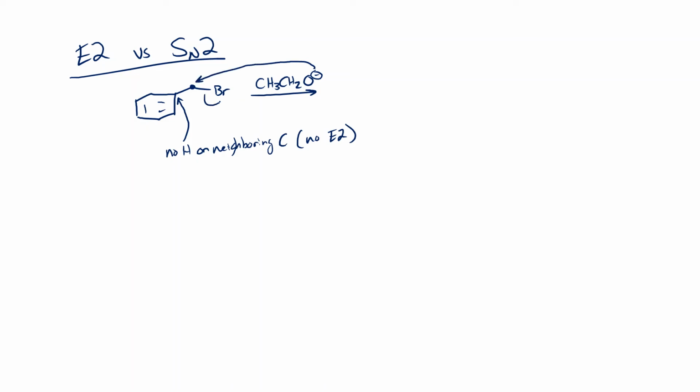That comes in, reacts with that carbon, the bromine leaves, and you get your substitution reaction. So in this case, you get an SN2 reaction. Sometimes you won't be able to do eliminations because there are no neighboring hydrogens to take away.